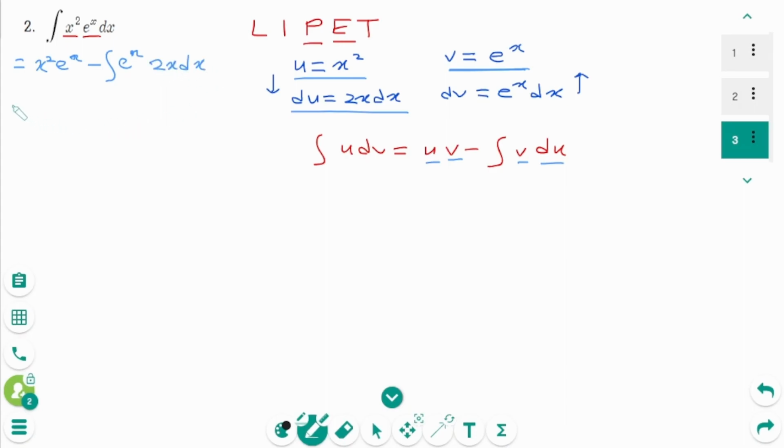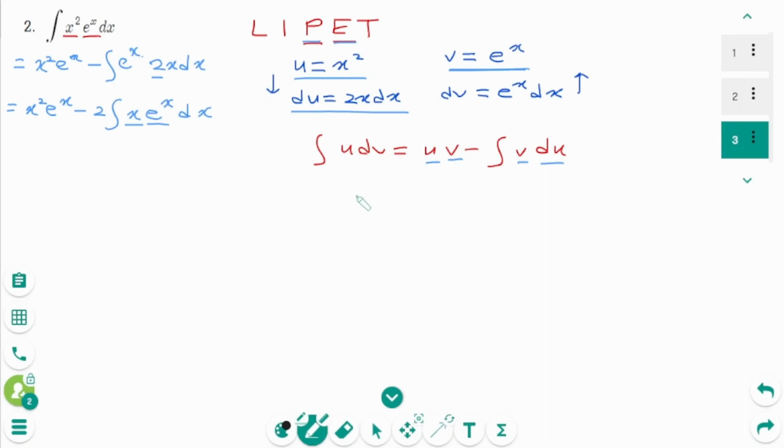And we can rewrite as x squared e to the power of x minus 2 times the integral of x times e to the power of x dx. We have successfully completed the integration by parts, but we have to use it one more time. x is polynomial and e to the power of x is exponential.